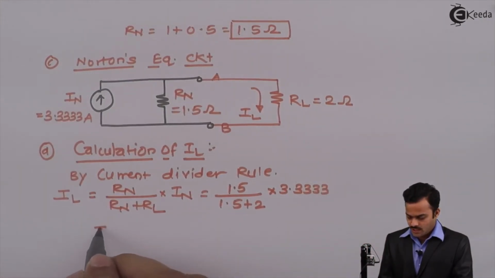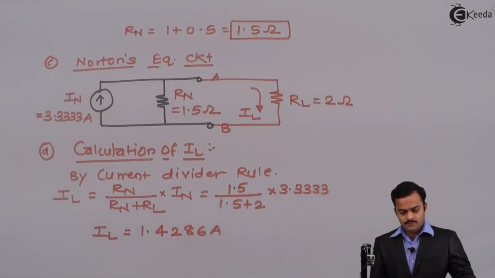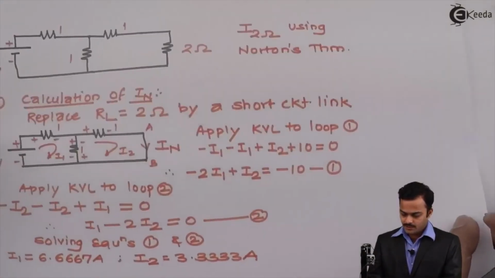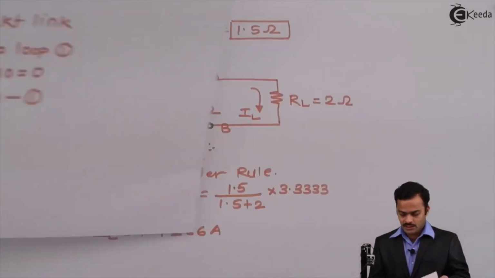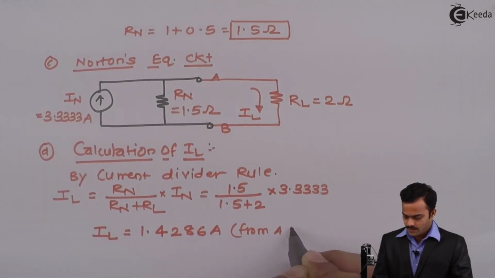If I solve, I will get the load current as 1.4286 ampere. And for this I am getting the Norton current flowing from A to B. So here also I can write the direction from A to B.